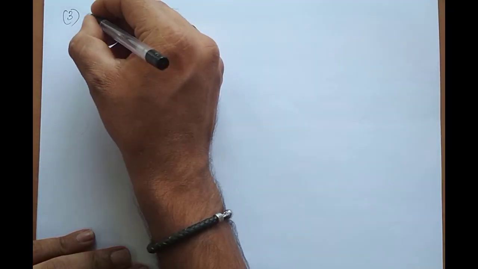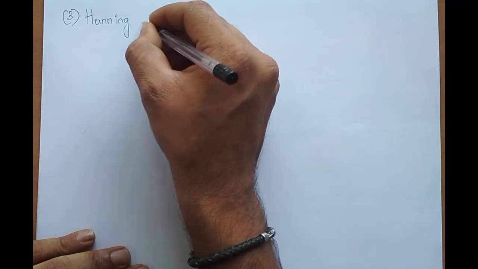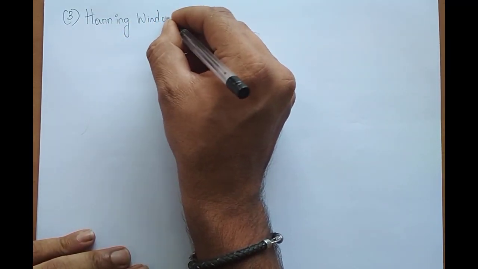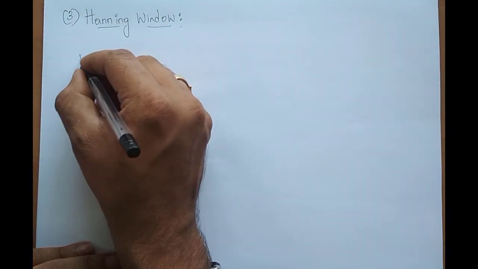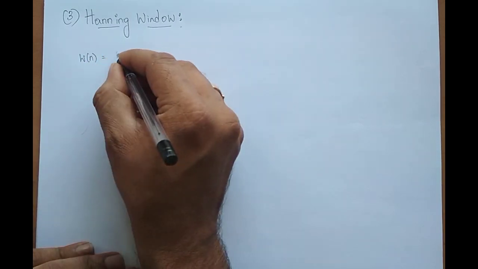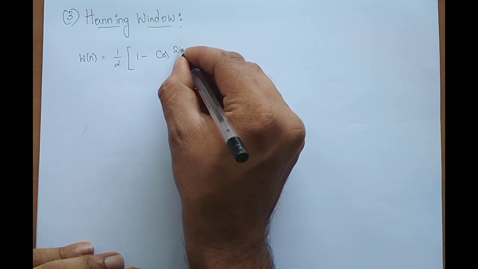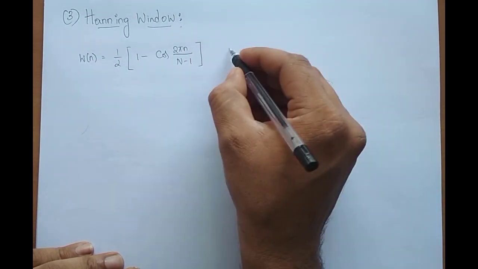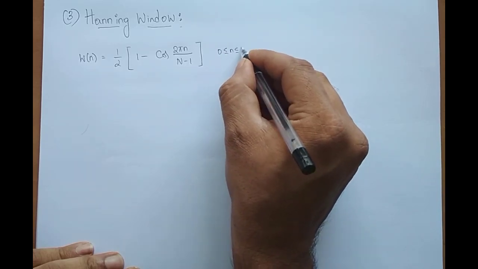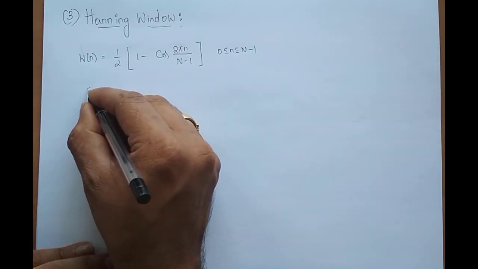Next, the third type of window is the Hanning window. Its mathematical equation is given by W of n is equal to 1 by 2 times 1 minus cos of 2 pi n divided by N minus 1, for n varying from 0 to N minus 1. Okay, and its shape is something like this.